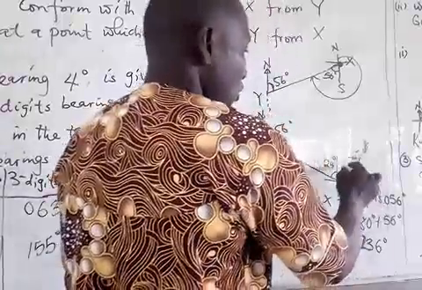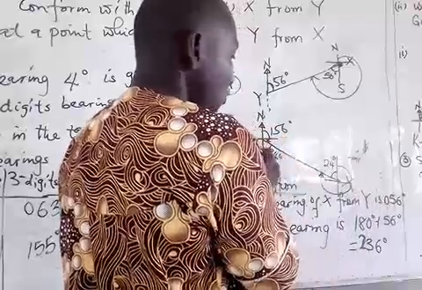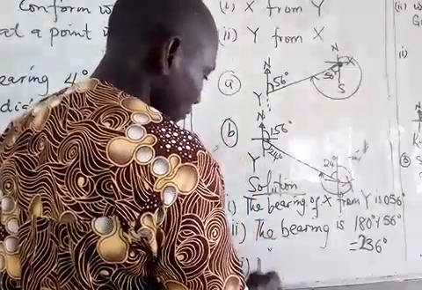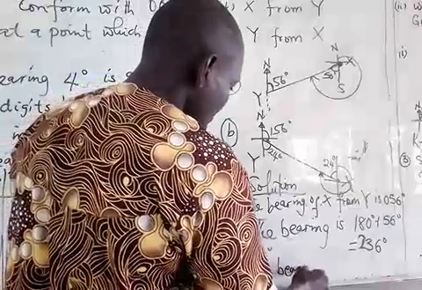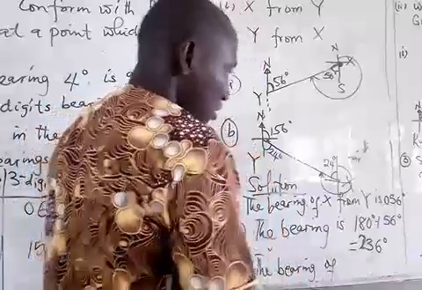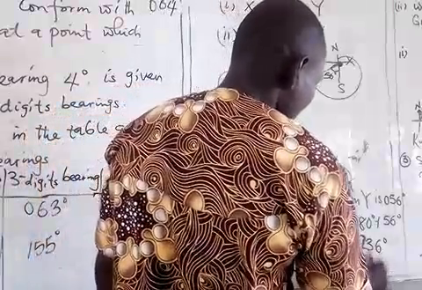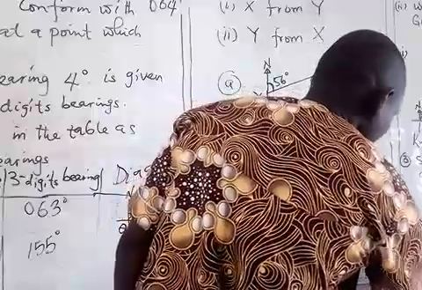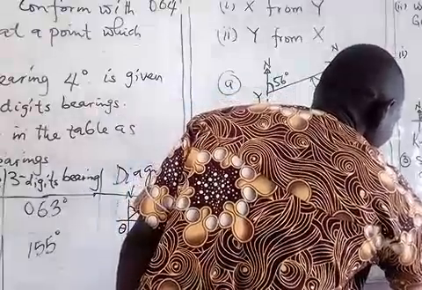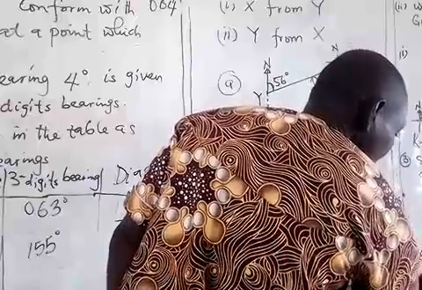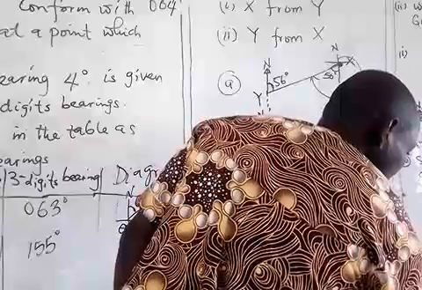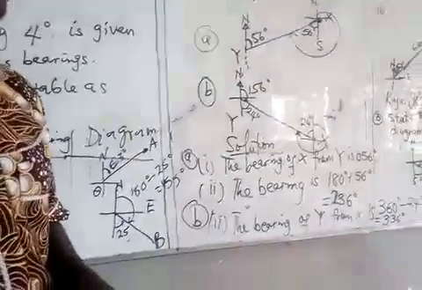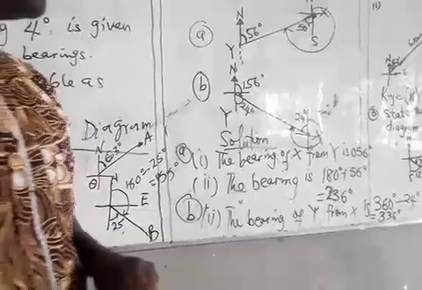So now, when you turn in this direction for you to get to see this, in B, I, the bearing of y from x is 360 degrees minus 24 degrees. And this will give us 336 degrees.